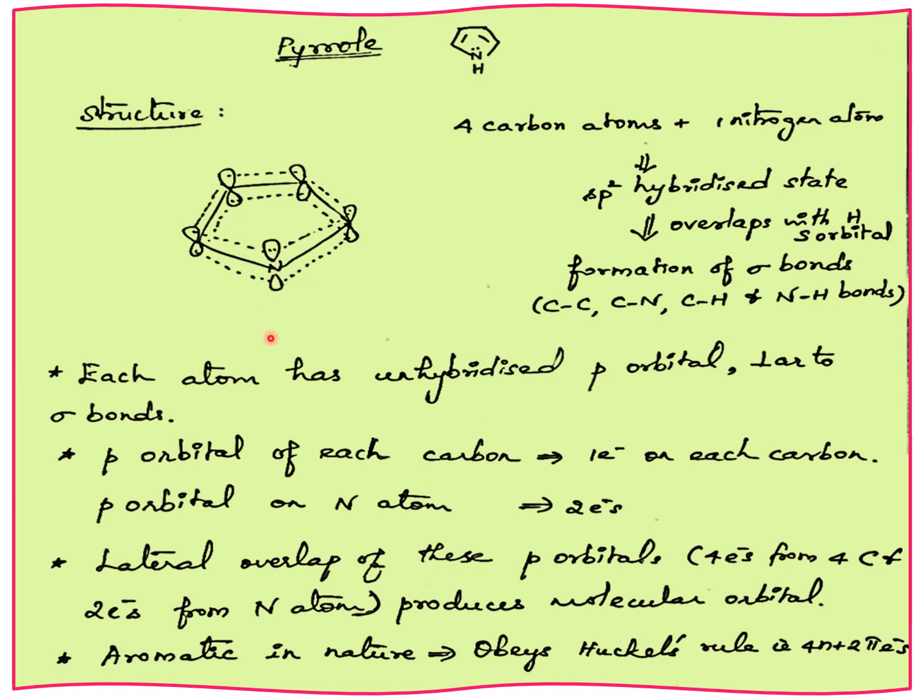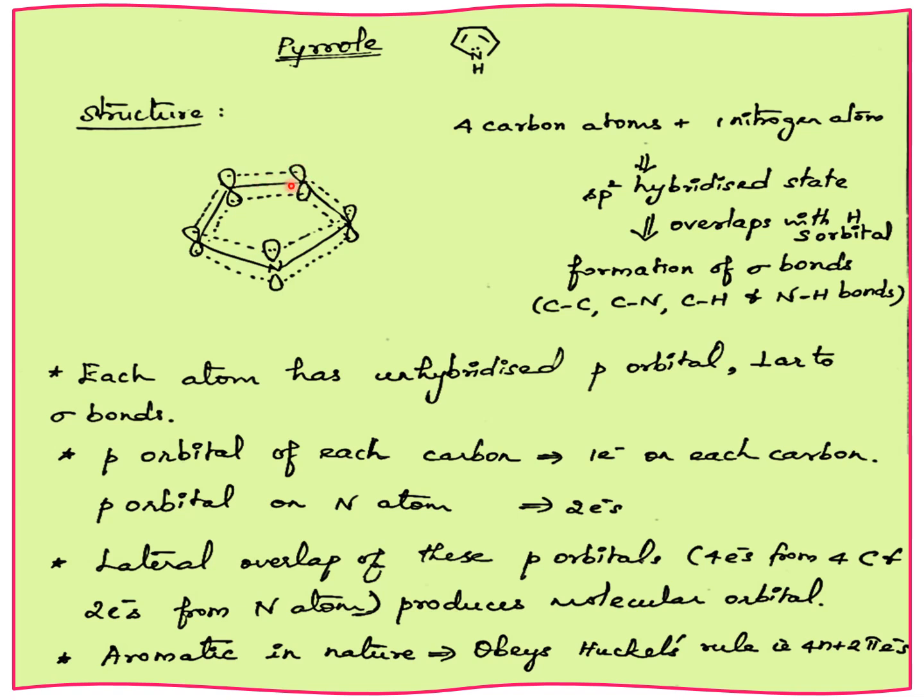Here, each atom of this pyrrole moiety is having an unhybridized p orbital, which is found to be perpendicular to the sigma bonds.